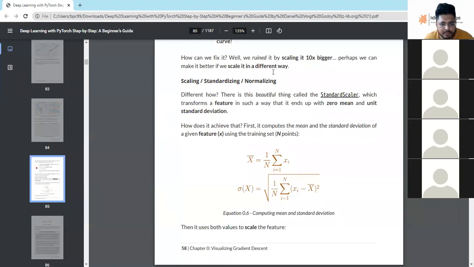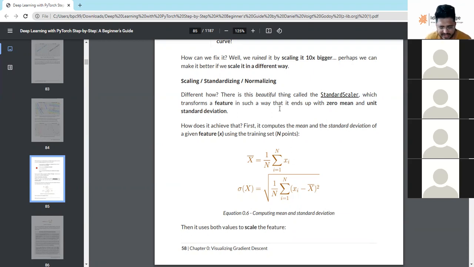We all know about this function, standard scaler, right? We use it very often, but we really don't know what it actually means. It transforms a feature in such a way that it ends up with zero mean and unit standard deviation.